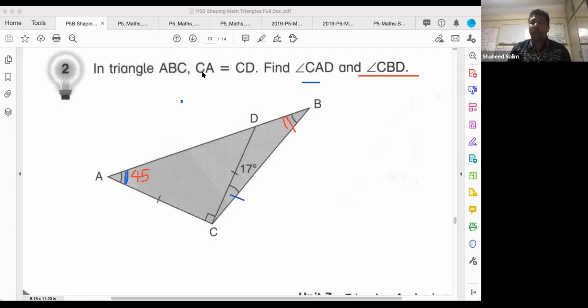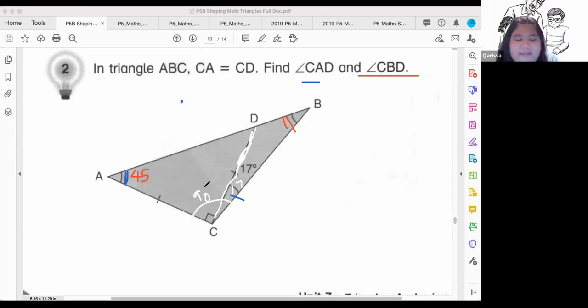Now I'm going to use my special pen to remove this line here. And then I want you to see just the big triangle. But this angle you can find because this is 90 degrees. This is 17 degrees. 90 plus 17. How much do you get?